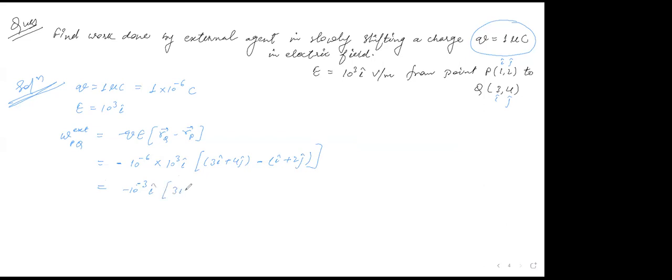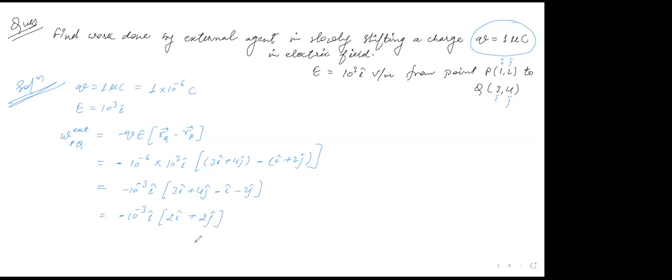In bracket, this is 3I cap plus 4J cap minus I cap minus 2J cap. Then we get minus 10 raised to the power minus 3 I cap. After solving, 3 I cap minus I cap will be 2 I cap, and 4J cap minus 2J cap will be 2J cap.